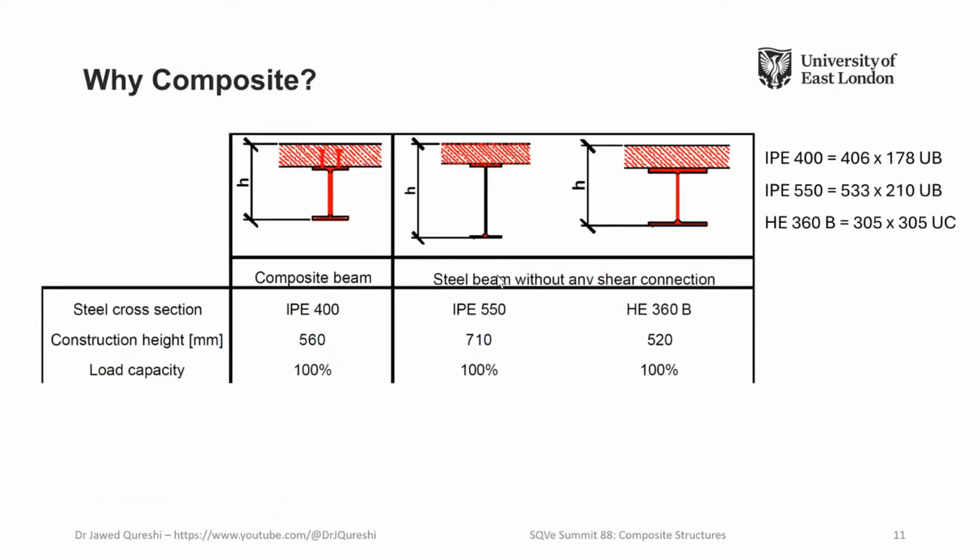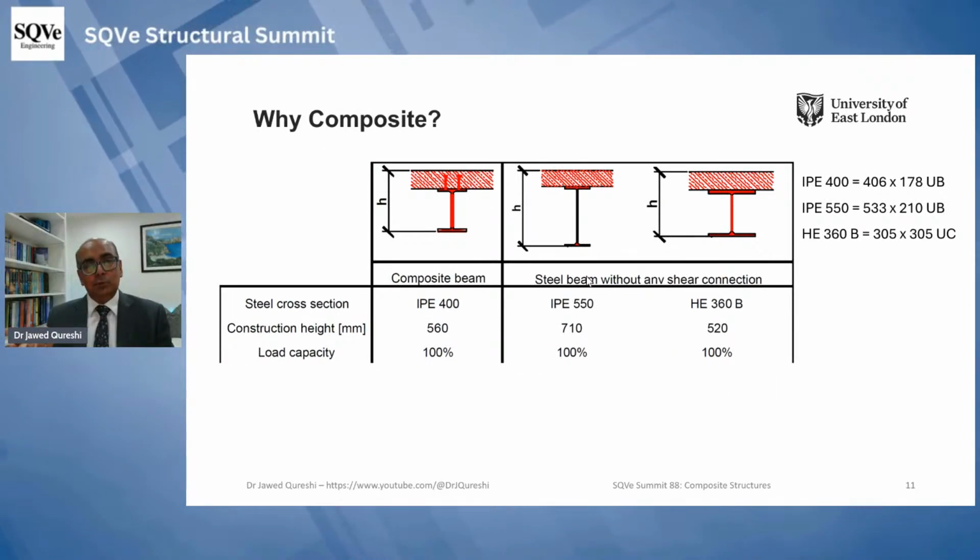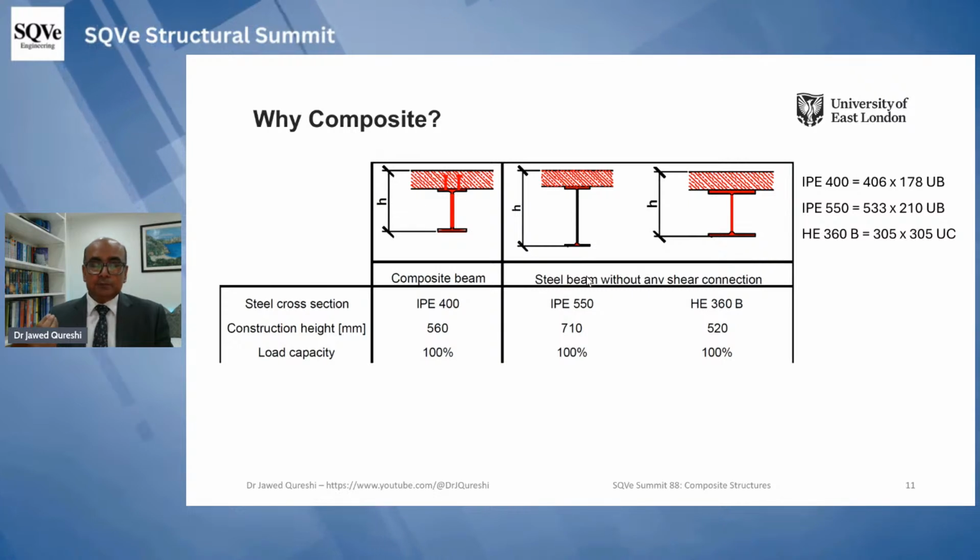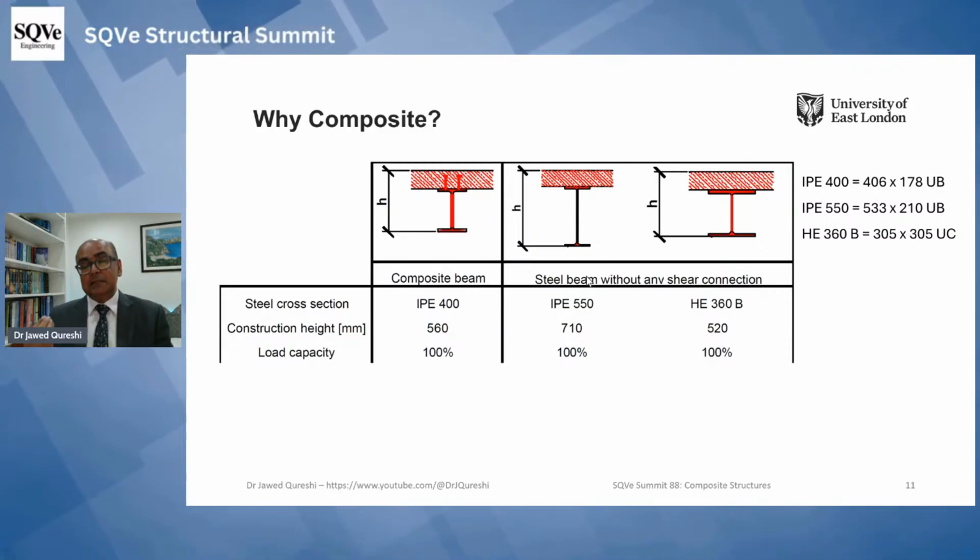And then I will move to why we use composite structures. What will happen if we don't use composite structures? In my view, we get at least 25 to 30% saving in terms of material cost if we utilize composite action.